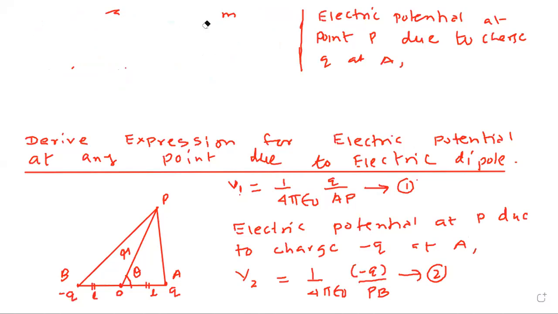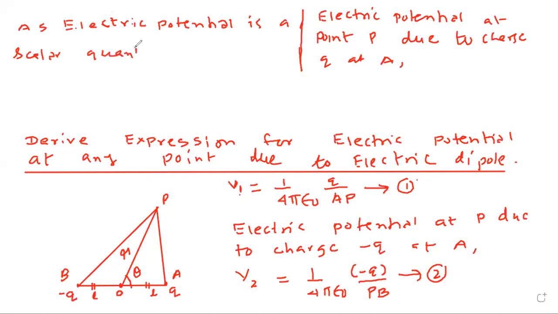Now, because potential is a scalar quantity, the resultant potential will be the algebraic sum. So I can say, electric potential is a scalar quantity, therefore the resultant potential V is V1 plus V2.